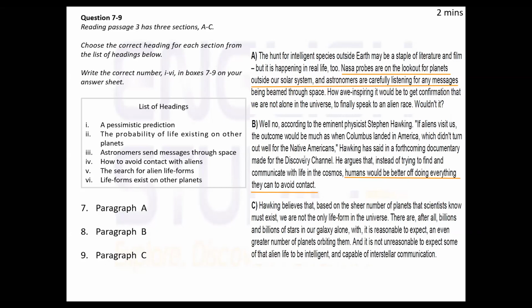It means that kalau misalnya ada aliens datang, itu bakalan nggak baik untuk kita gitu. Jadi dia udah pesimis duluan nih, udah menganggap bahwa alien itu seharusnya kita jauhin gitu. Karena kalau misalnya mereka datang, kemungkinan kita akan jadi bahaya. Padahal kita nggak tahu nih apa yang akan terjadi pada saat mereka datang kan. So the correct answer must be a pessimistic prediction, not how to avoid contact with aliens.